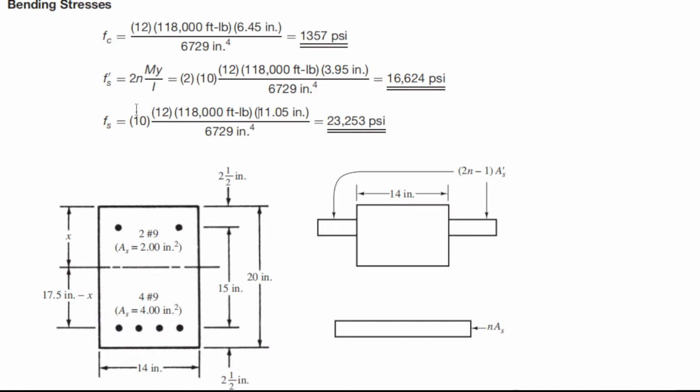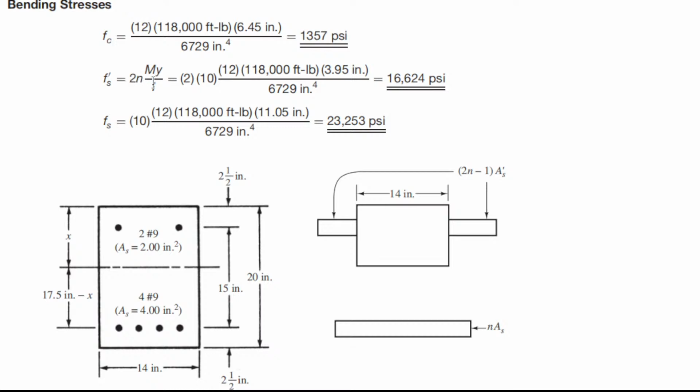What about fs prime? This is the compressive stress of the steel at the top bars. This is the bending stress of steel at the top bars, at the compressive side, while the other is at the tension side.